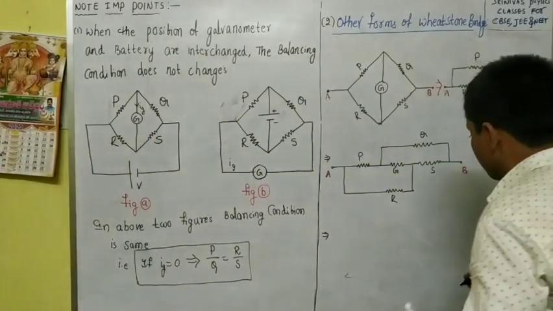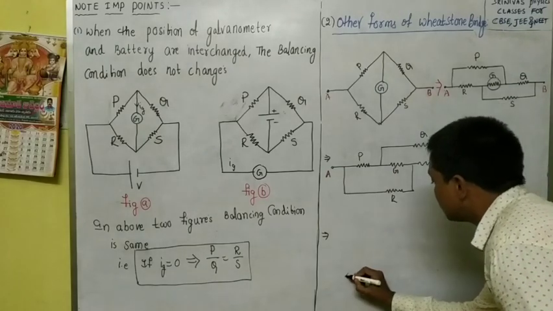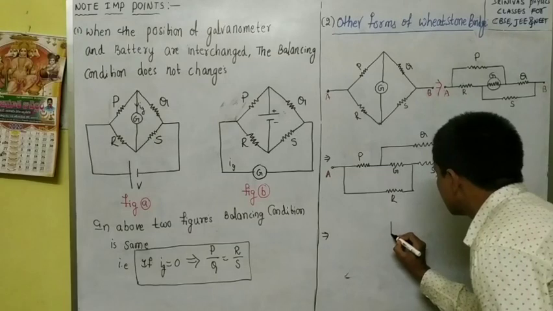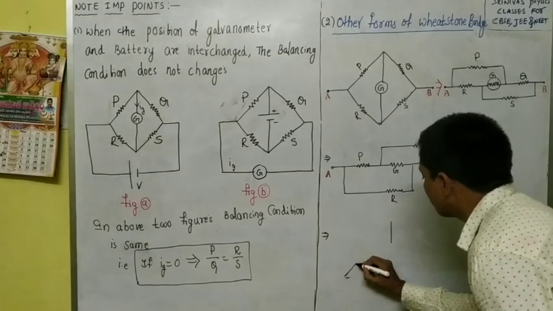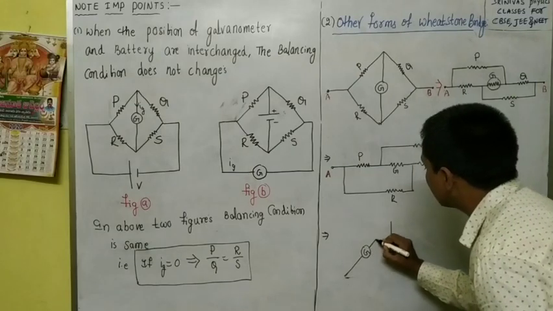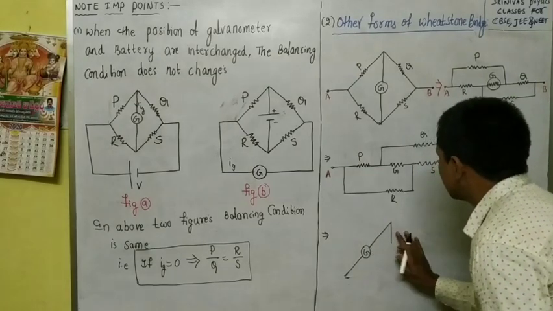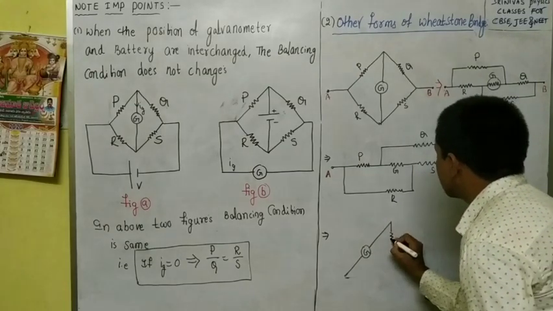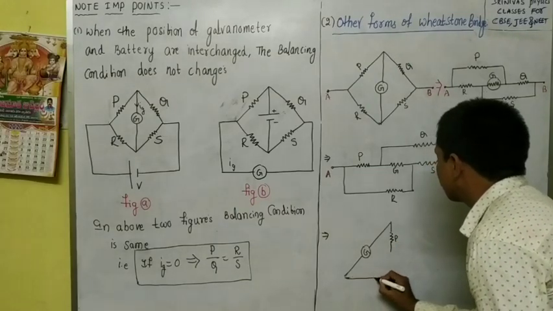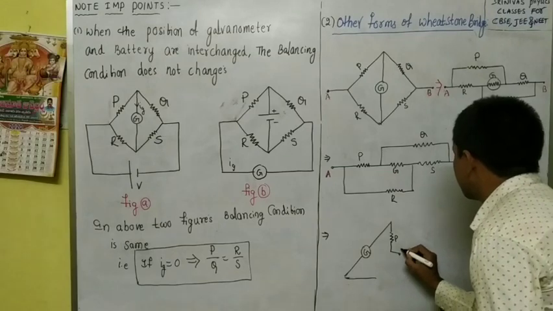First we have to draw in the shape of a triangle like this. Here we take one resistance, that is P. In the competitive exams they will ask this type of questions.